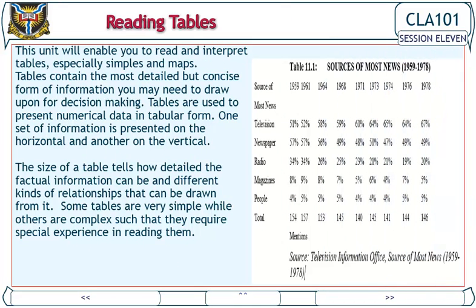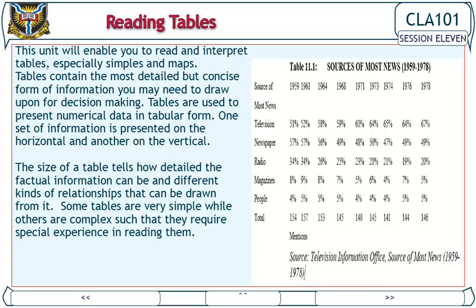Reading tables. This unit will enable you to read and interpret tables, especially simple tables, and maps. Tables contain the most detailed but concise form of information you may need to draw upon for decision making. Tables are used to present numerical data in tabular form.